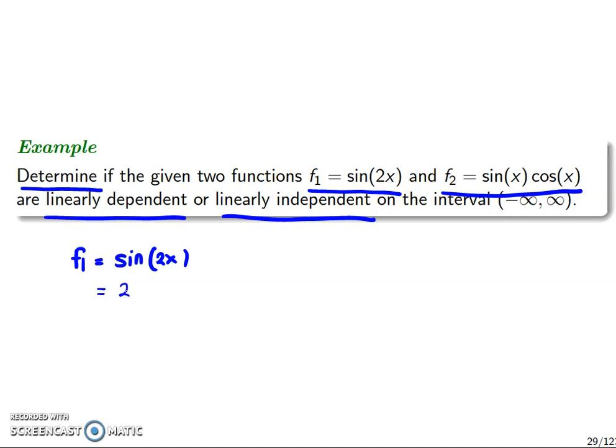So we have 2 sine x cos x, which is 2 times sine x cos x, which is f2.